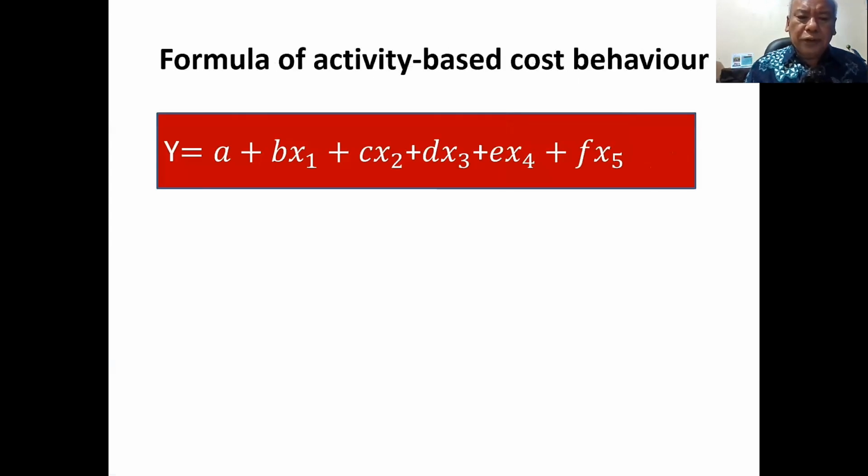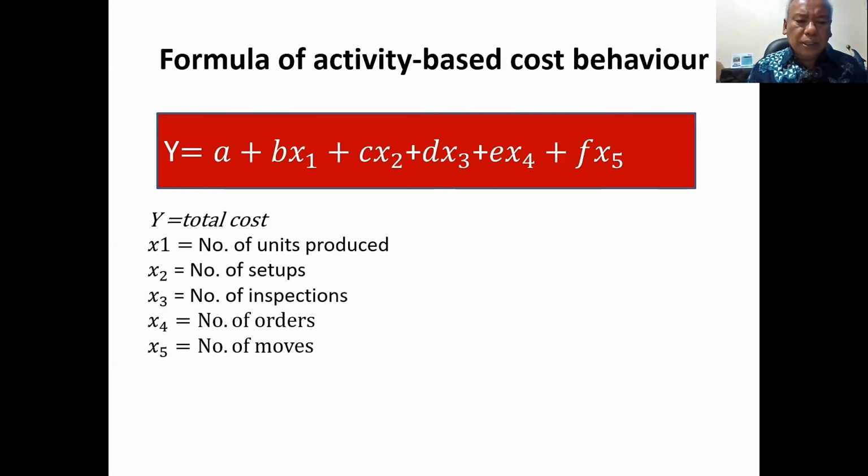So we can make the formula, and the formula is also more complicated. We are using multiple regression: Y = a + b X1 + c X2 + d X3 + e X4 + f X5, for example. In this case, Y is the total cost, X1 is the number of units produced, X2 is the number of setups, X3 is the number of inspections, X4 is the number of orders, and X5 is the number of moves.